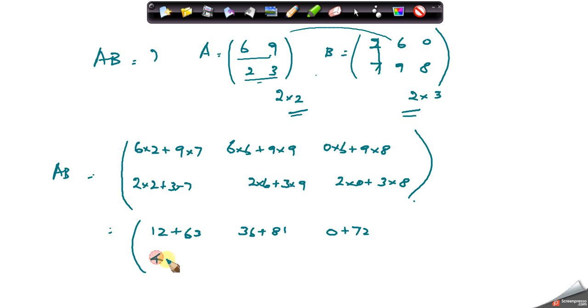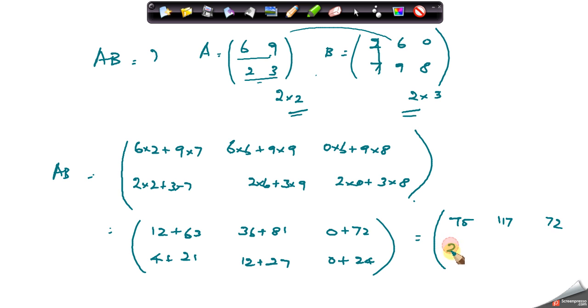This is 4 plus, what is this, 3 into 7, 21. 4 plus 21 is nothing but 25. So 75, 110, 117, 72, 25, 39, and 24. This is the product matrix we have.